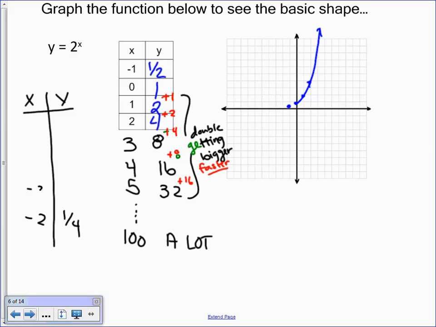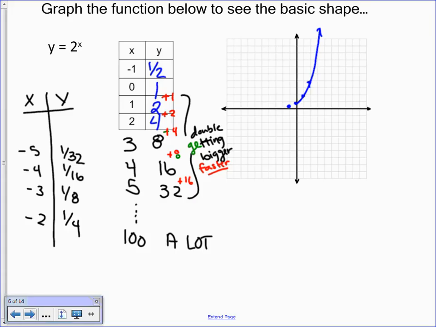What about 2 to the -3? One over 2 cubed. 1 over 8. -4. 1 over 16. -5. Noticing a pattern there? You can relate back to these numbers over here.